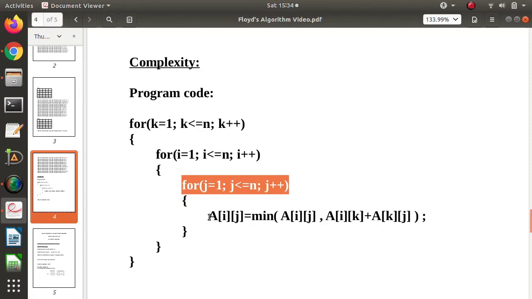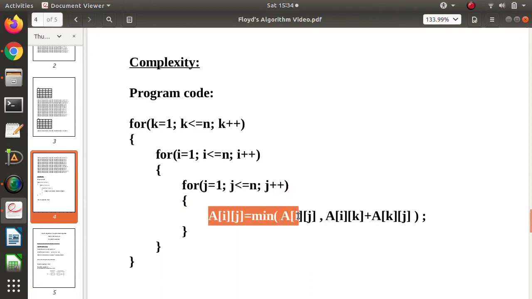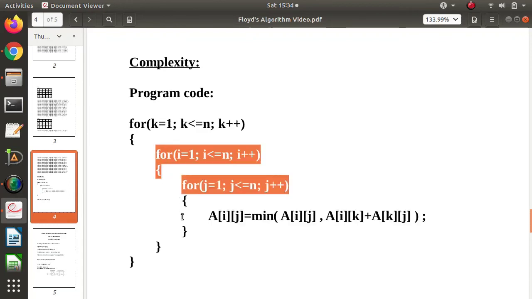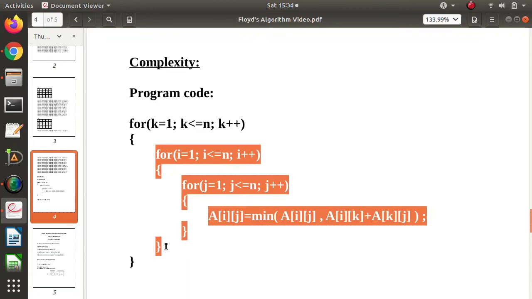And then we apply that formula, or we check this condition. Whatever is minimum, we retain it, right? So these two for loops we require to calculate one matrix. To calculate A1 we require these two loops, to calculate A2 we require these, to calculate A3 we require these two, to calculate A4 we require these two loops.